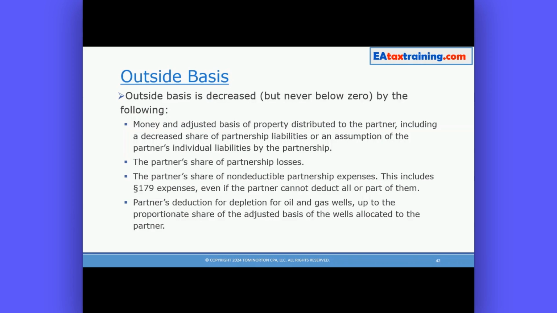And it's decreased by the partner's deduction for depletion for oil and gas wells up to the proportionate share of the adjusted basis of the wells allocated to the partner. So again, just remember for the exam, depletion for oil and gas wells also decreases outside basis for the partner.